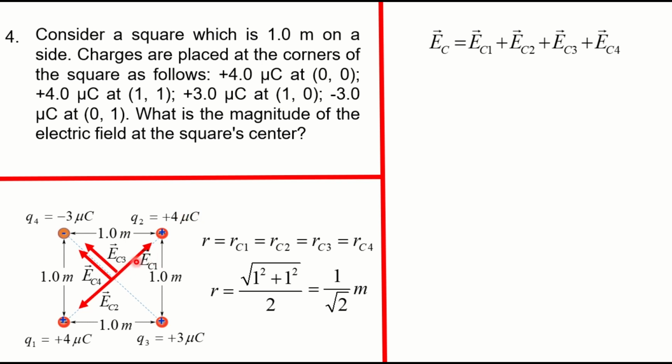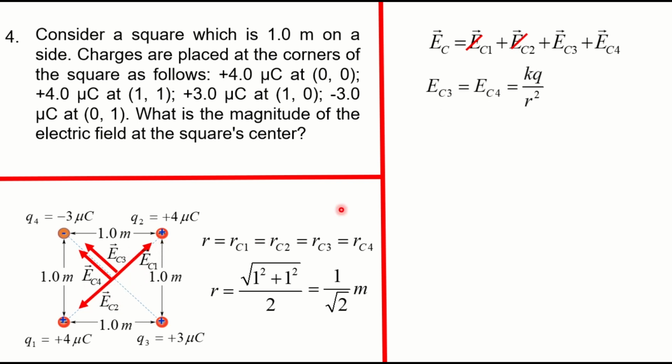Since they have the same magnitude and the direction is exactly opposite, EC1 and EC2 will cancel off each other. EC1 is upwards and EC2 is downwards, and they have the same magnitude because both are positive 4.